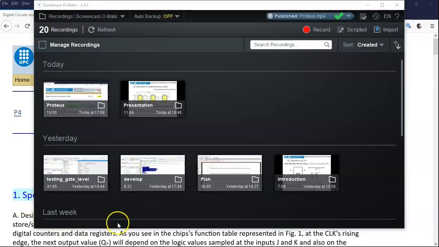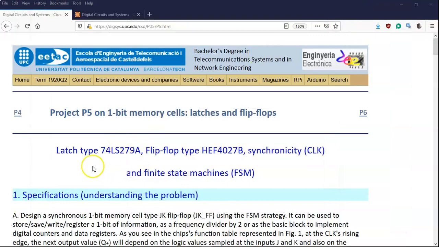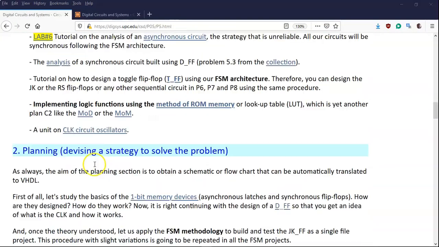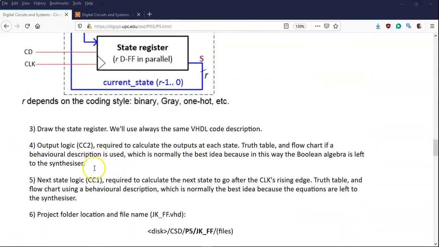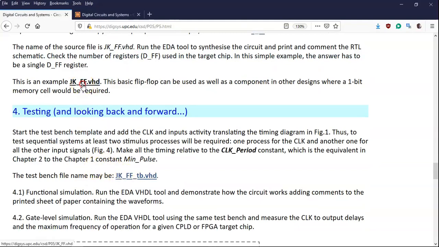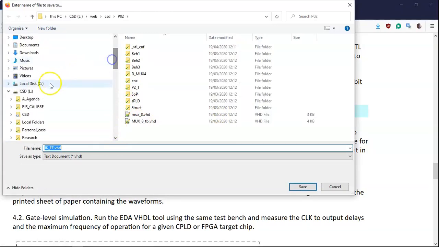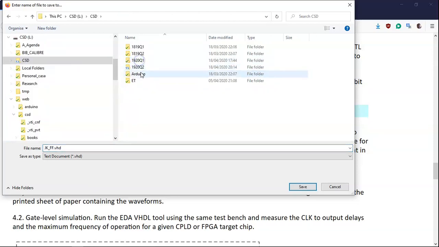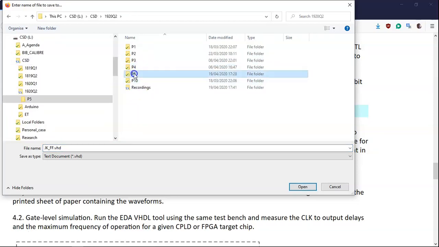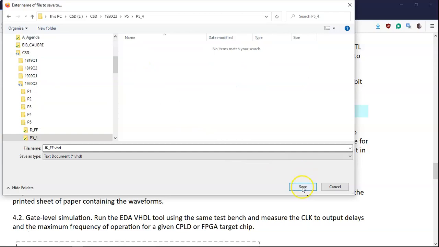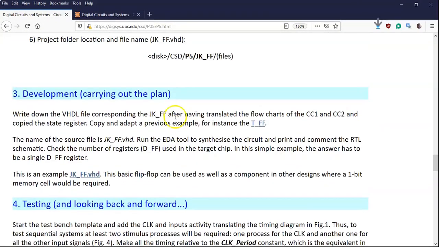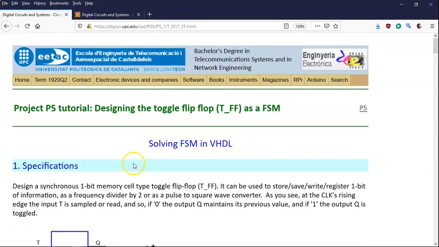So now, according to the plan, you better go to P5 and get the component, right? For example, the JK flip-flop, which is here. Save the link as in the right folder where you have to develop the project. So L, CSD, P5, and that one, save it like that, and then you can find the T flip-flop in the other tutorial.